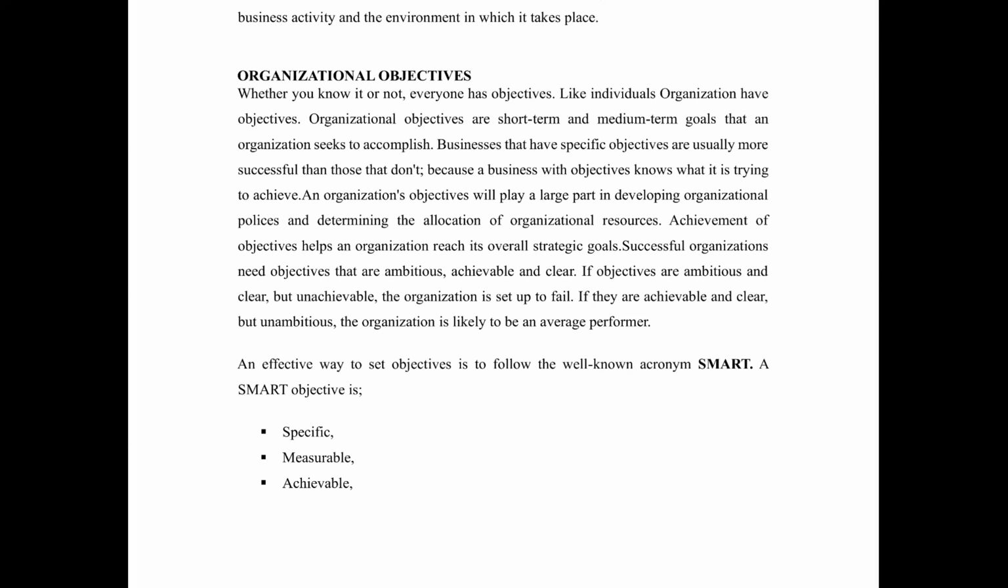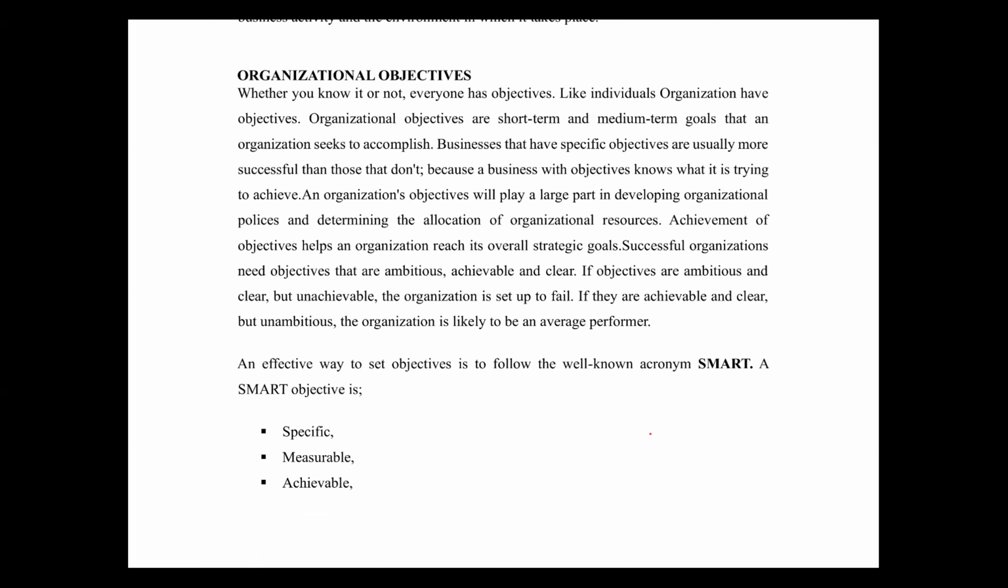characteristics or features. They are supposed to be smart, right? Your objectives are supposed to be what? To be smart.